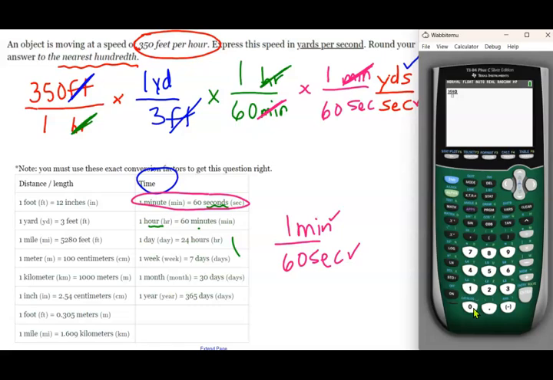Timesing by 1 doesn't do anything, but I'll write it just so that you can see that you can just copy exactly what's on your paper right there into the numerator. 350 times 1 times 1 times 1. And then I have in the denominator 1 times 3. So again, I don't have to write the times 1, but I will, just so that it's a direct translation. And then times 60, and then times 60 again. So let me make this a little bit bigger so you can see.